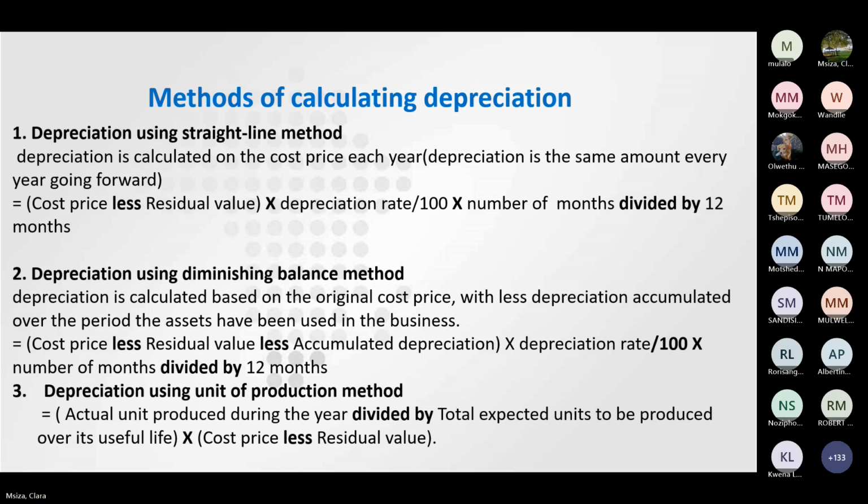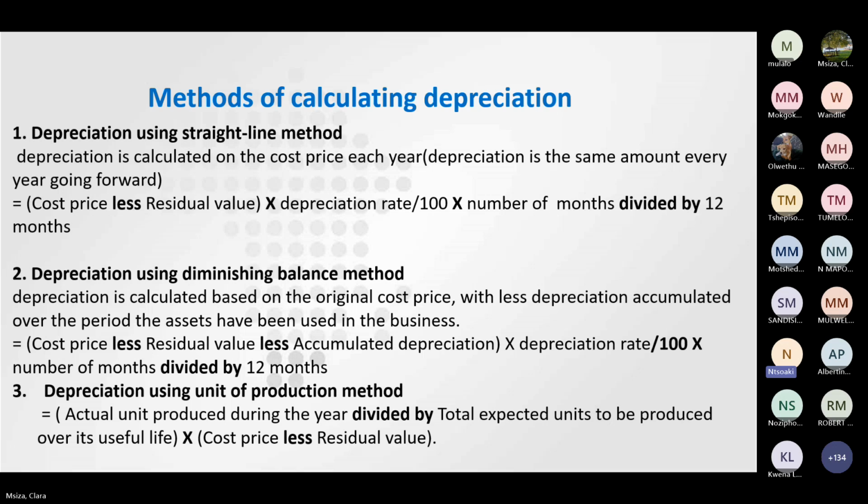Okay, ma'am, let me try and explain. From the beginning, we're given 100,000, which was the cost price of the asset. And then the rate of depreciation is 20%. For you to get accumulated depreciation, you're using that 20%.